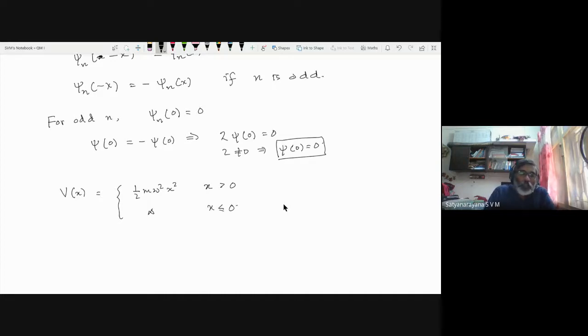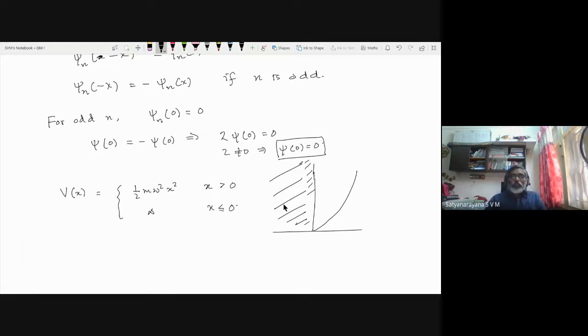Suppose this is the potential, then you ask what are the energy eigenvalues of this. Now this potential is something like this, and in this region it is infinity. From this side onwards it is infinity. That means on one side it is like a harmonic oscillator, and on the other side it is infinity.